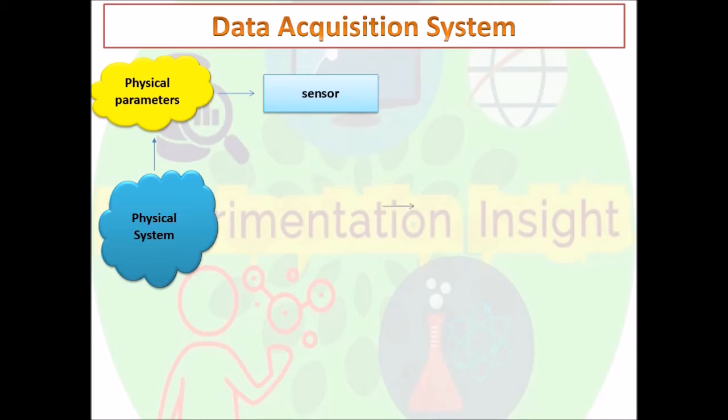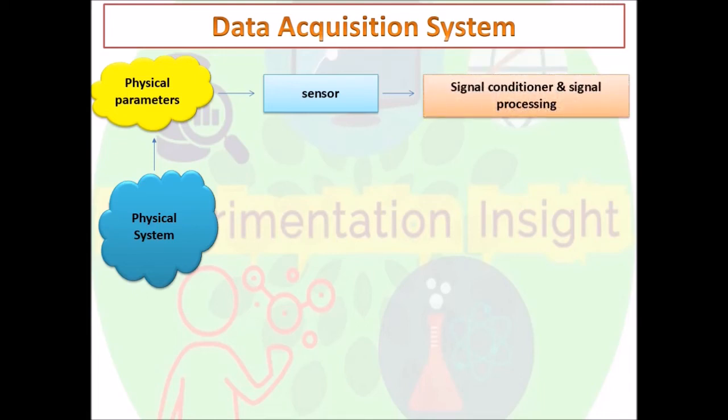These transducers convert one form of energy into another. Take the example of acceleration. Acceleration is a mechanical energy that needs to be converted into an electrical signal. In that case accelerometers are used to convert mechanical energy into an electrical signal.